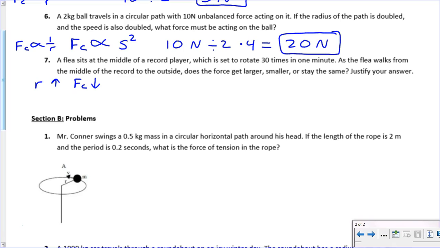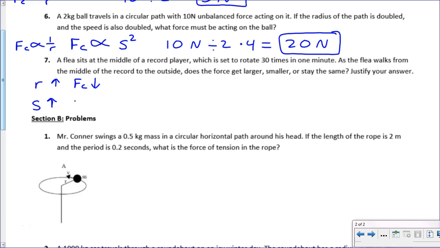However, on the outside of the record, the circumference is larger. So it's moving a little bit faster on the outside. It has to go all the way around the entire outside in 2 seconds, rather than going around a smaller circle on the inside. So what we see here is as the flea walks toward the outside of the circle, the speed is increasing.